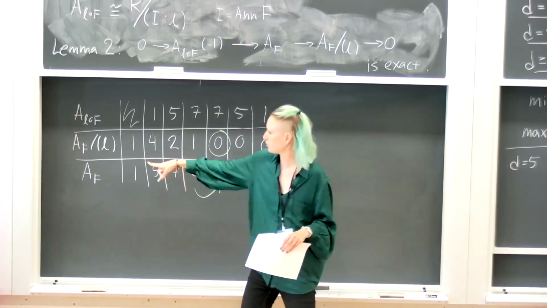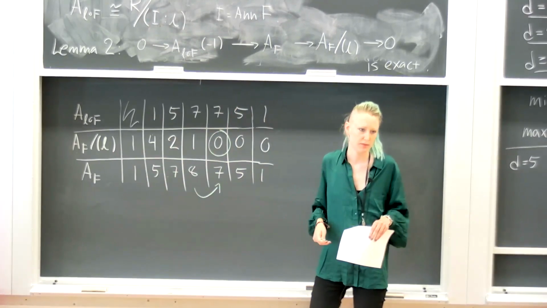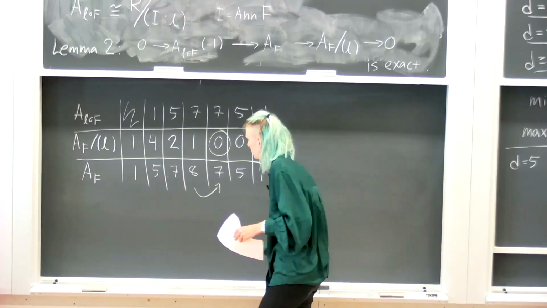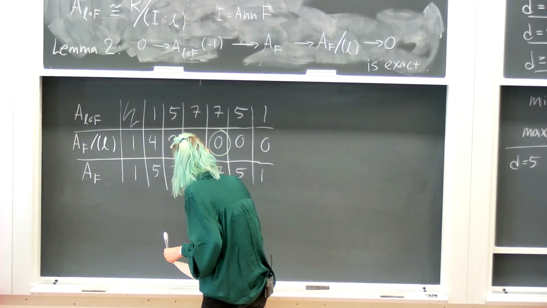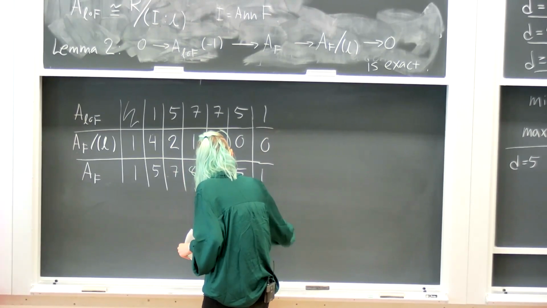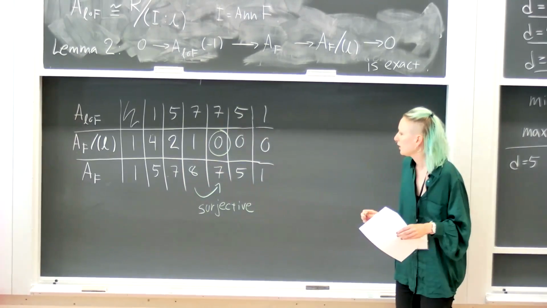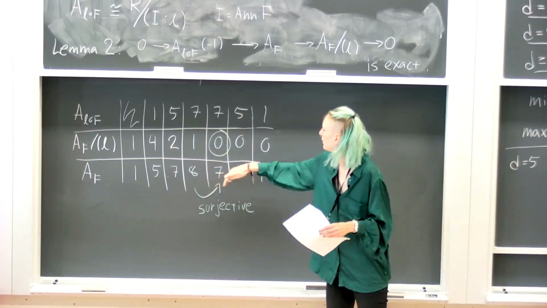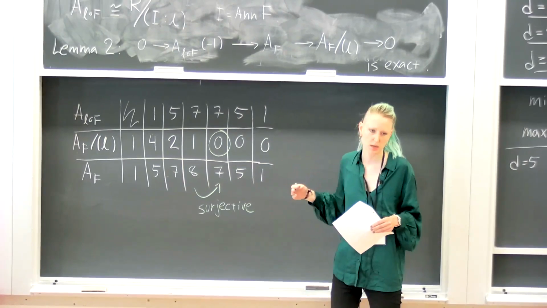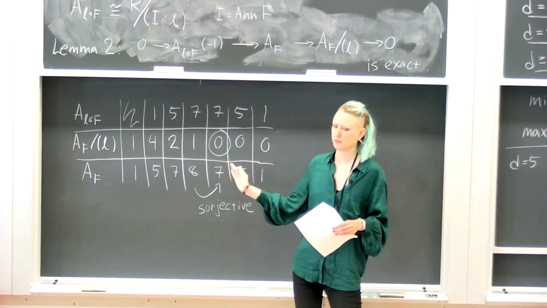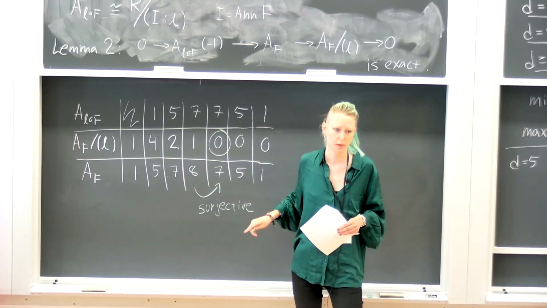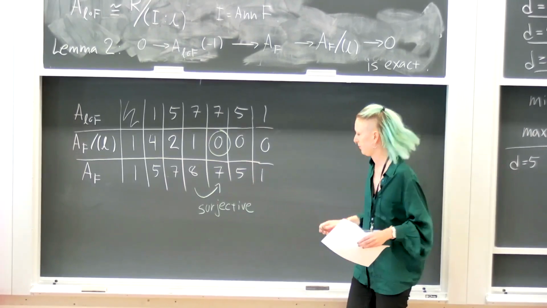Because when you mod out by L, you cancel everything. So this is surjective. And then all of the other maps that come after must also be surjective, and because it's a Gorenstein algebra, you have this duality, so it's actually enough to look at this map. And now it has the WLP.